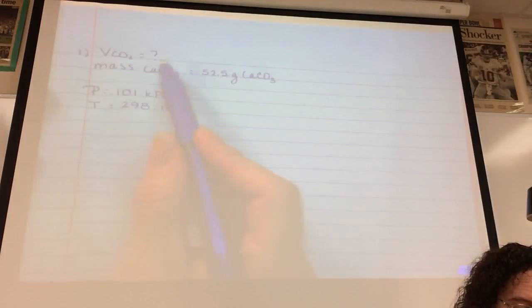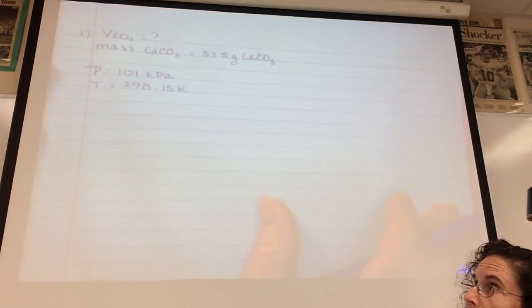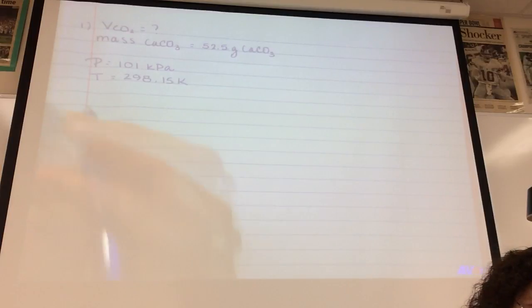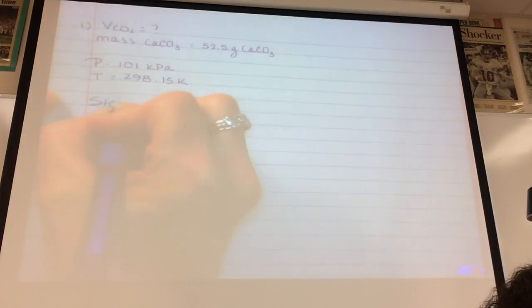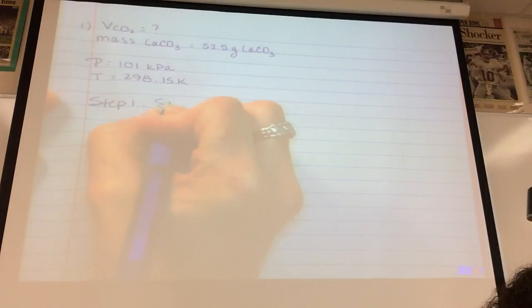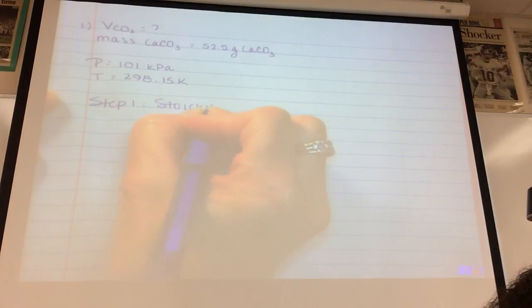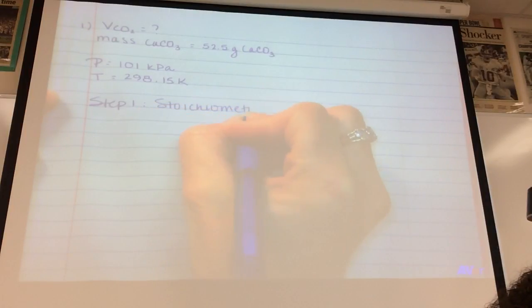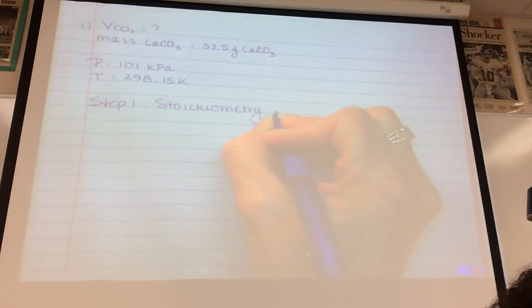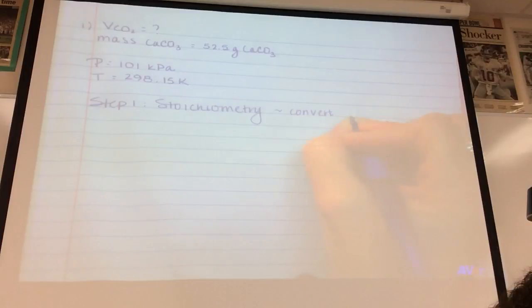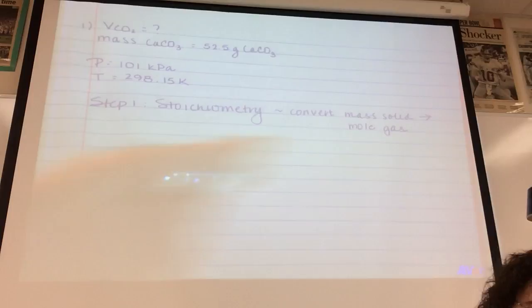So when you're given the mass of a solid and you want to know the volume of a gas, in step 1, you're going to do stoichiometry. And that will allow you to convert, in this case, the mass of a solid to moles of the gas in question.